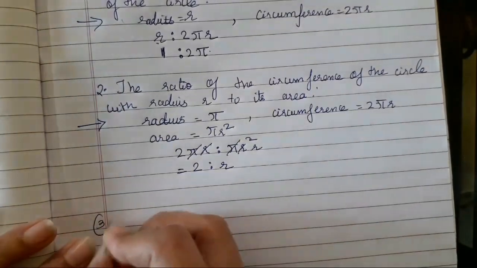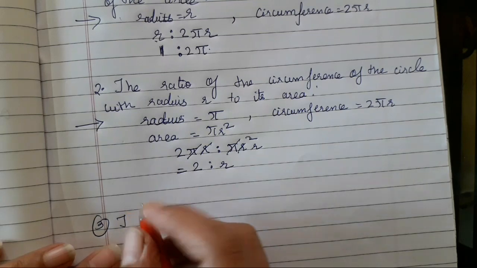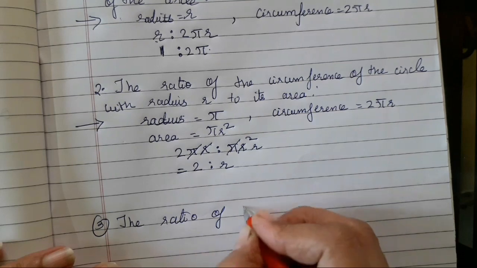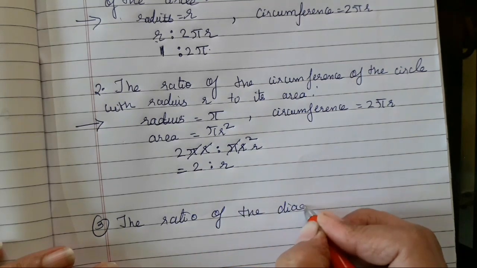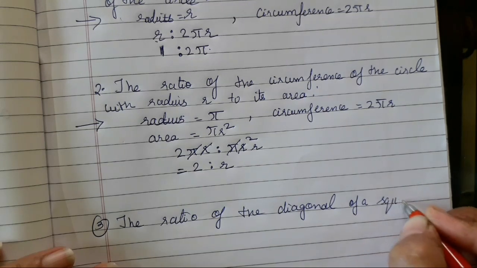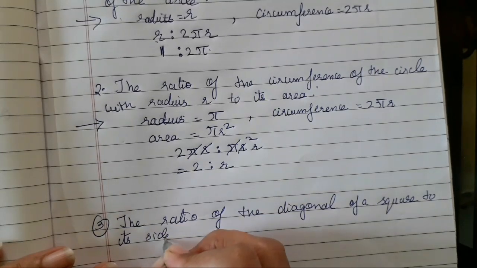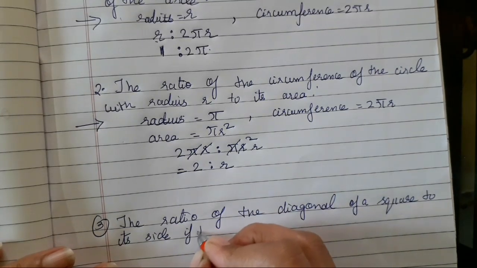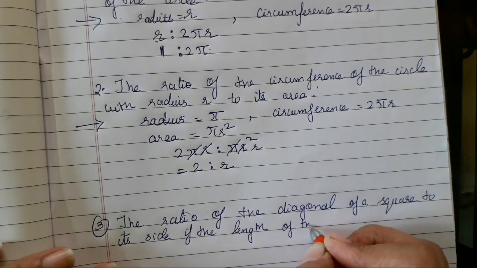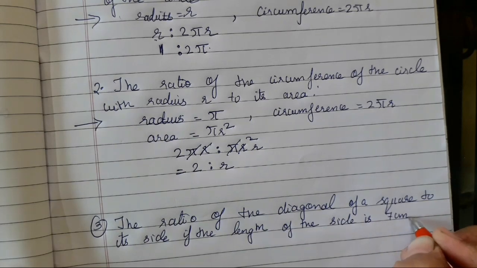Now the third one is the ratio of the diagonals of a square to its side if the length of the side is 7 centimeter.